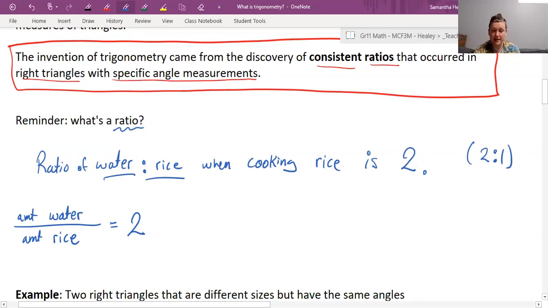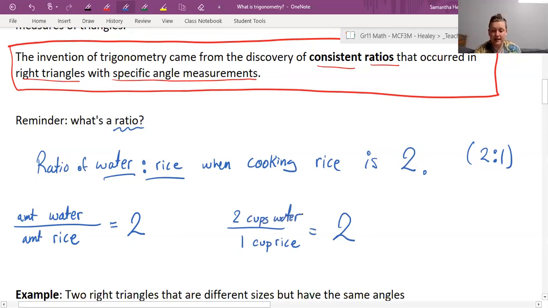So no matter how much rice I want to make, I should add an appropriate amount of water so that when I take the amount of water and I divide it by the amount of rice, it always equals 2, or else my rice won't work out. So like, let's say if I wanted to make 1 cup of rice, to make this ratio of 2 work out, I'd have to have 2 cups of water.